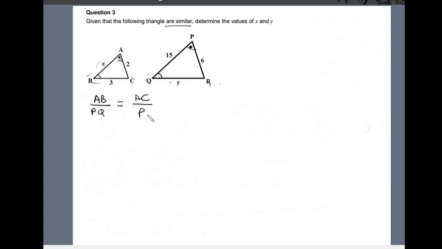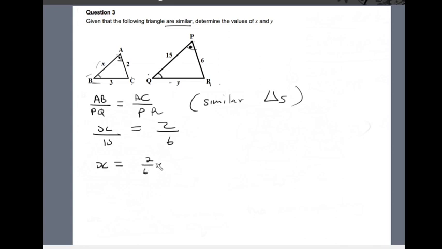The reason is that it is similar triangles, and with similar triangles, we know the corresponding sides are in the same proportion. So AB is x, PQ is 15, AC is 2, PR is 6. Now I can solve for x by saying x is equal to 2 over 6 times 15. And now press the calculator. It's 1 over 3. 15 divided by 3 is 5. So x is equal to 5.